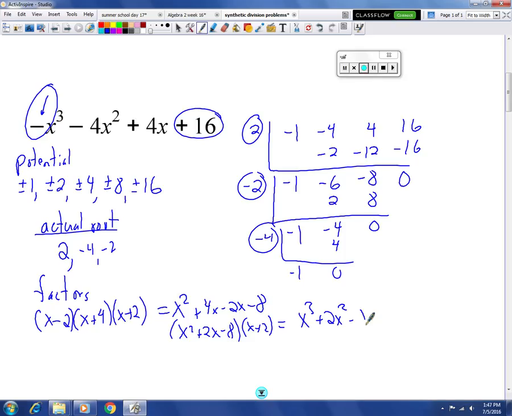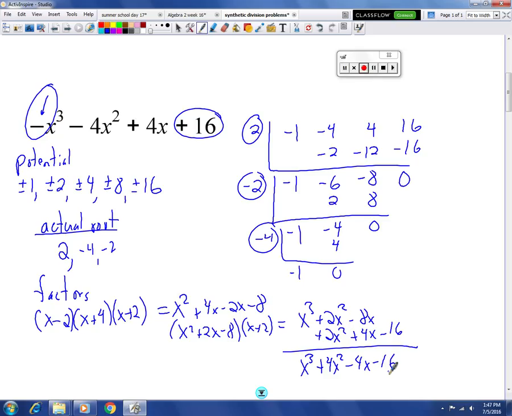I'm just multiplying all three terms in that first parenthesis by the x in the second one, and then plus 2x squared plus 4x, and then minus 16. Add this all up, I get x to the third plus 4x squared, a negative 8x plus 4x, that's a negative 4x, minus 16.